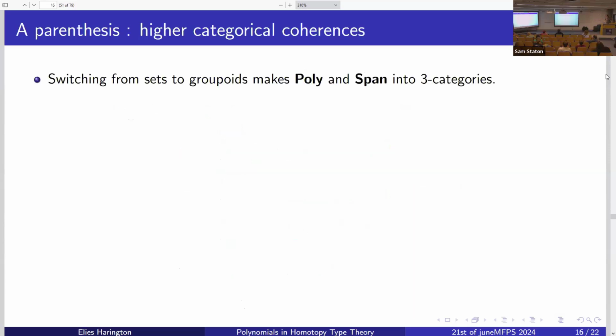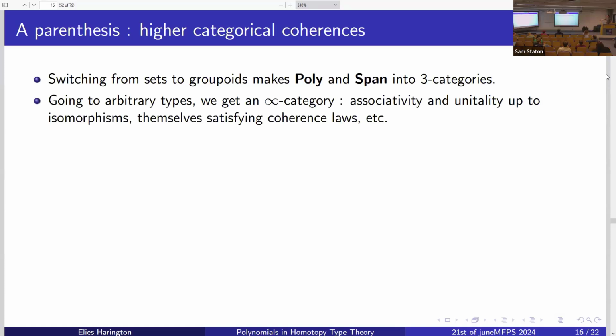Now, a slight parenthesis, because I'm working in homotopy type theory, and I'm saying we have those kinds of higher categories. But what does it actually mean? So, as I said before, if we consider polynomials and spans in groupoids, we get tricategories. And if we generalize from groupoids to arbitrary types, we should get something like an infinity category.